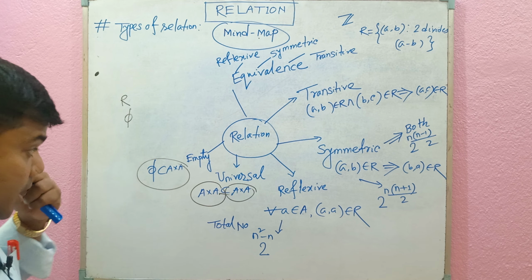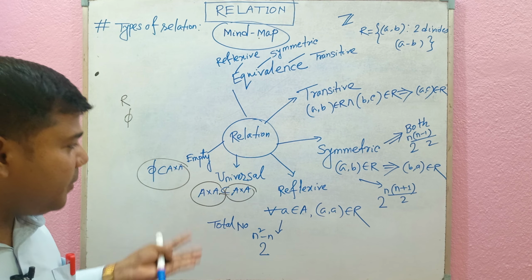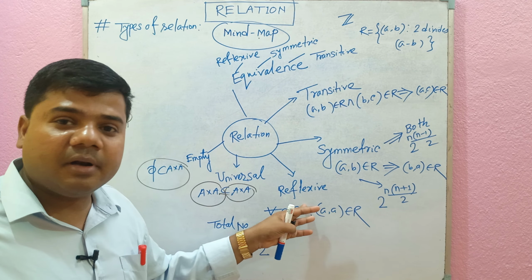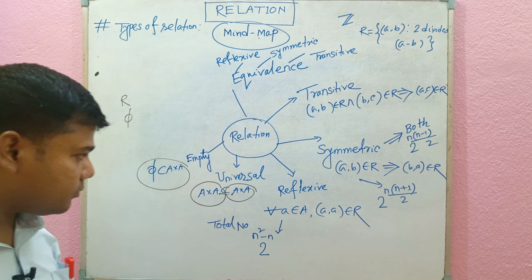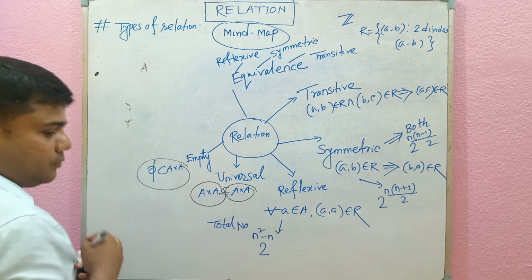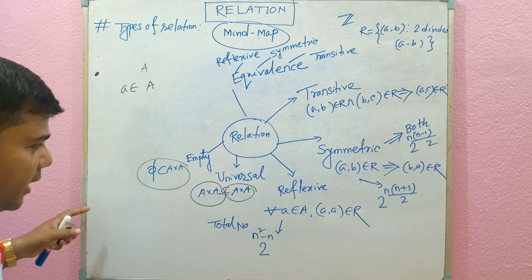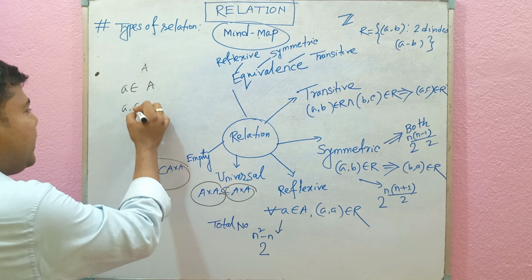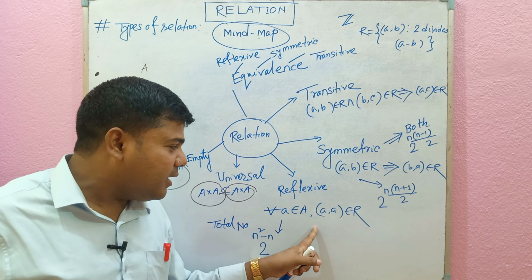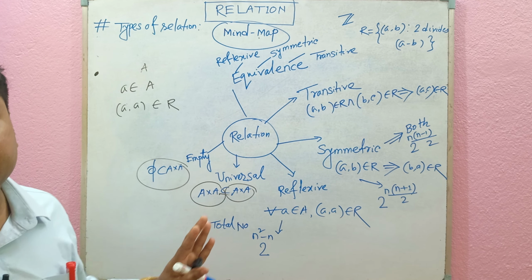Now we will discuss the three main types of relations, namely reflexive, symmetric and transitive. First of all, the reflexive relation is very important for you. Let A be a non-empty set and let a be an element that belongs to A. Then it implies that (a,a) belongs to R. For all a belonging to A, if (a,a) belongs to R, it is called a reflexive relation.